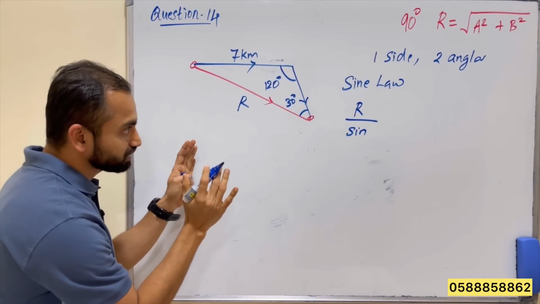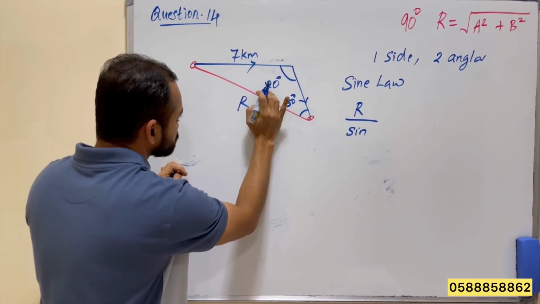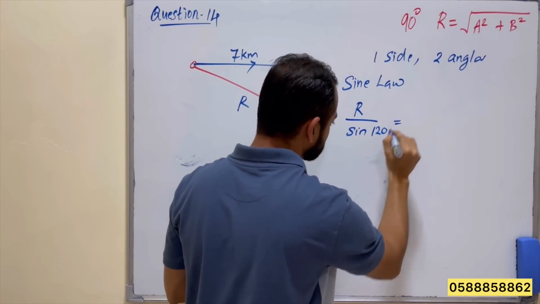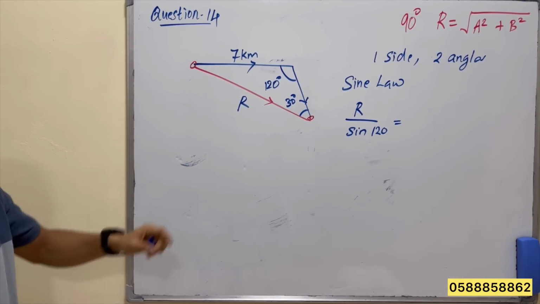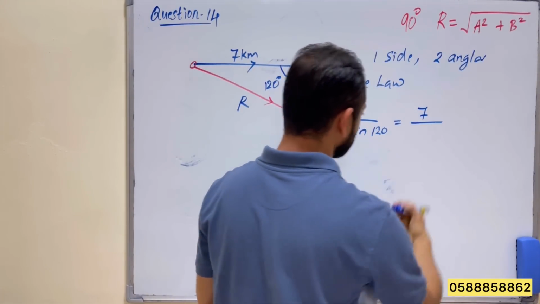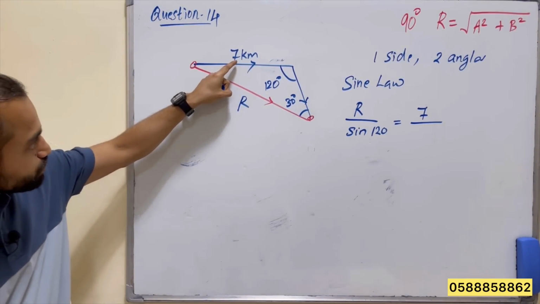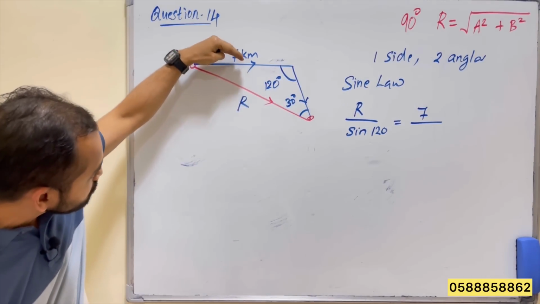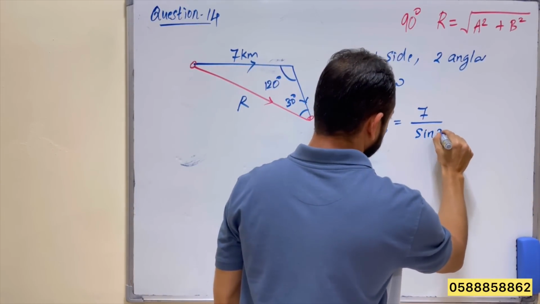So what angle is opposite to this side? The opposite angle is 120. So r divided by sine 120 equals the side we know, 7 kilometers, divided by the sine of its opposite angle. For this side, the opposite angle is 30, so sine 30.